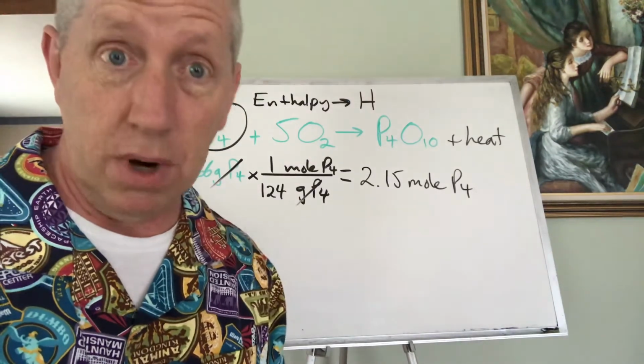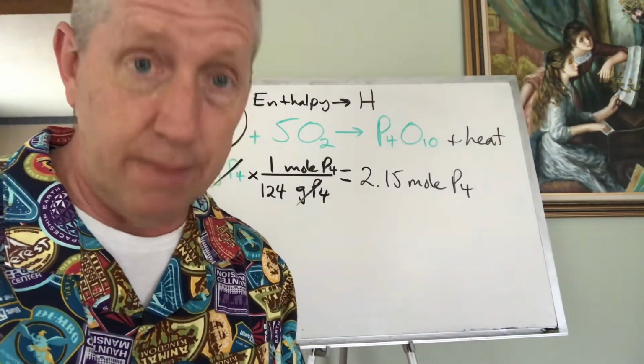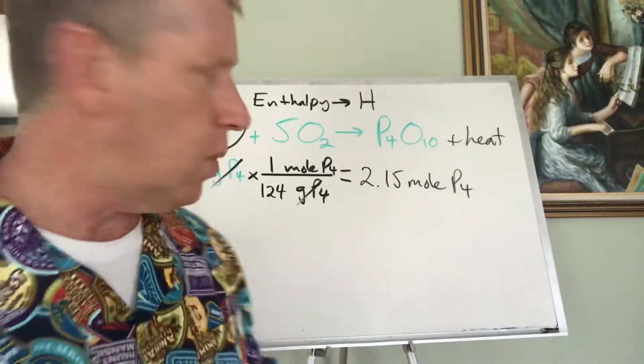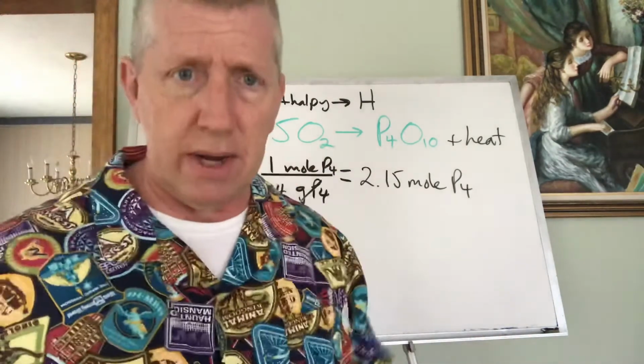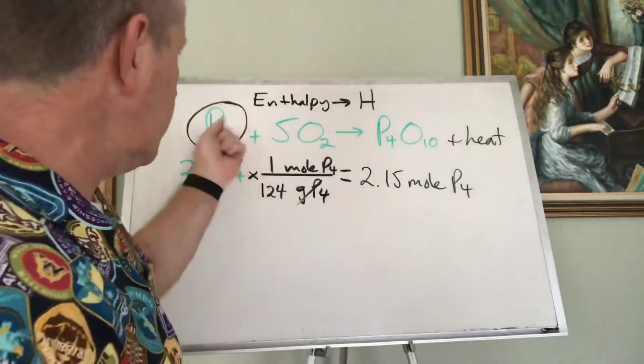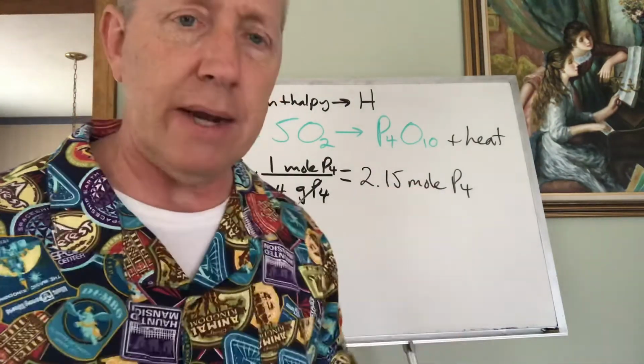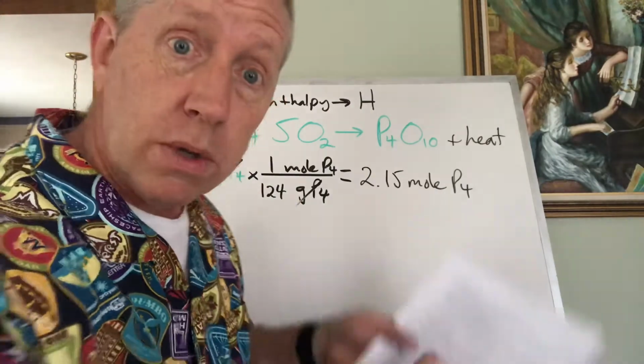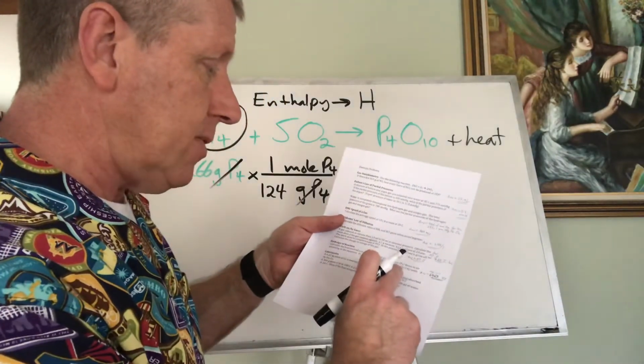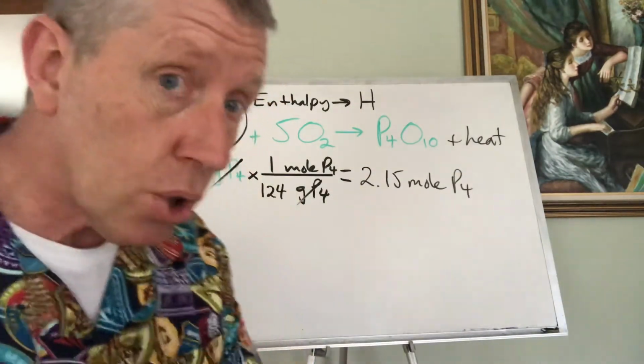Oh, that's the answer to the problem, right? I mean, that's it. We're done. We figured out how many moles of phosphorus. No. We need to know how much heat's being generated in this reaction. So when we combust this phosphorus, the 2.15 moles, how much heat do we get? Well, we were told that we have 3,013 kilojoules per mole.